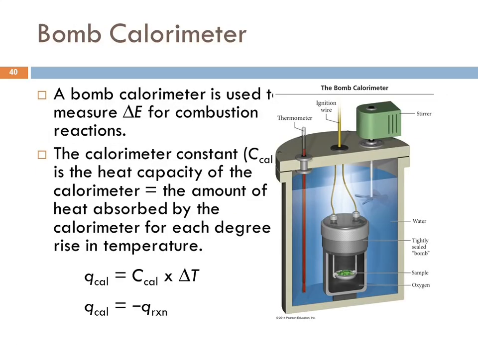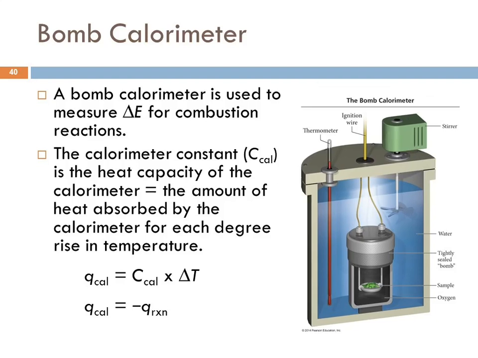This is a bomb calorimeter. This is much fancier and more expensive than what we used, which were little tiny styrofoam cups. So this is an illustration of a bomb calorimeter. We've got water in here, and inside we have this little, it's called a bomb. It's not going to explode though.